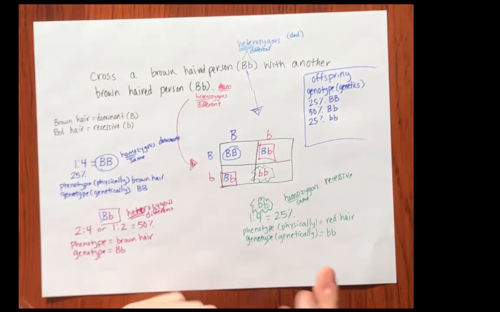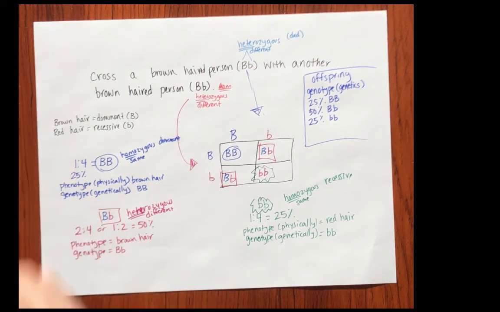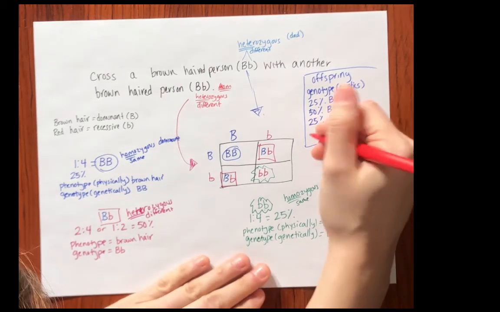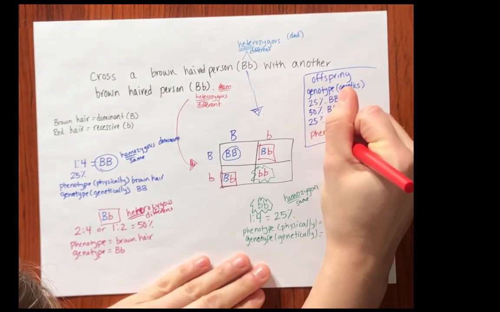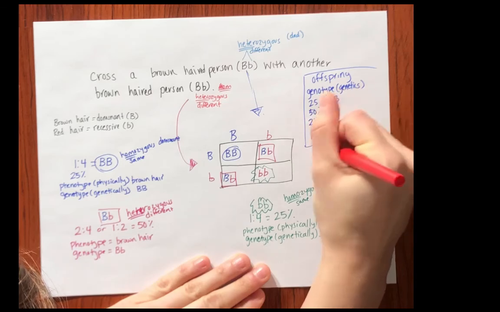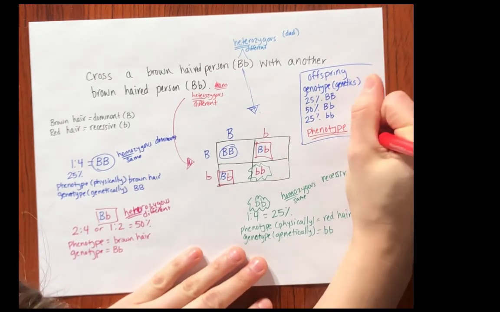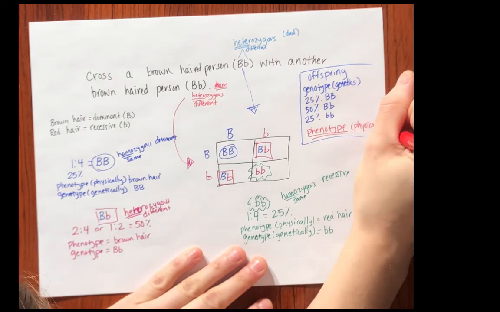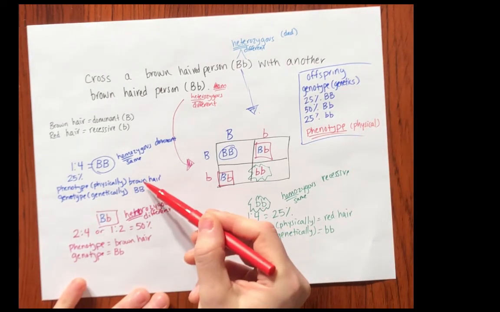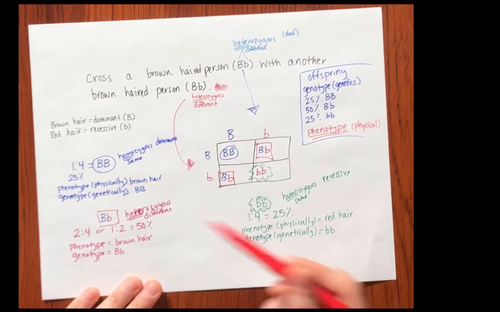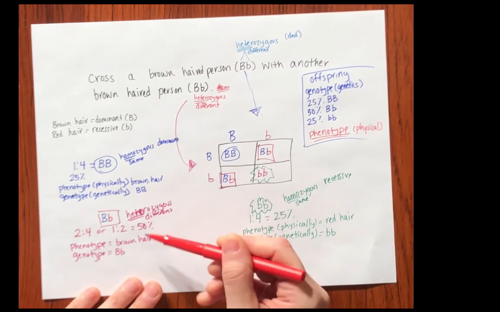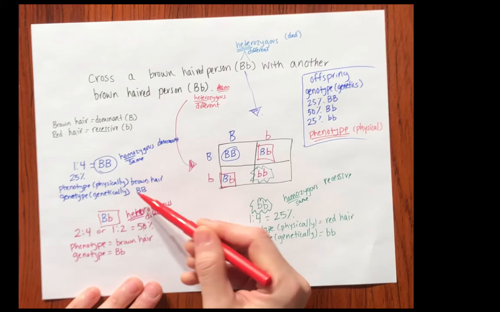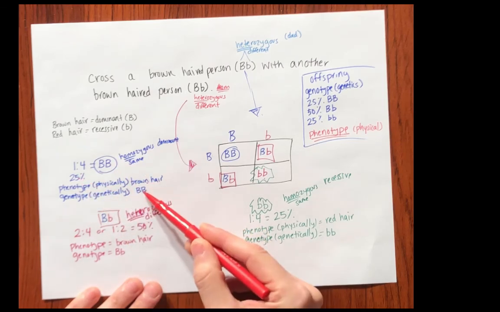Yay, now we know what their genetics are, but people don't really worry too much about genetics. They're more worried about what the kids are going to look like. So let's figure out what their offspring is going to look like, which would be their phenotype. Phenotype is what they physically look like. Well, 50% plus 25% are going to have brown hair.